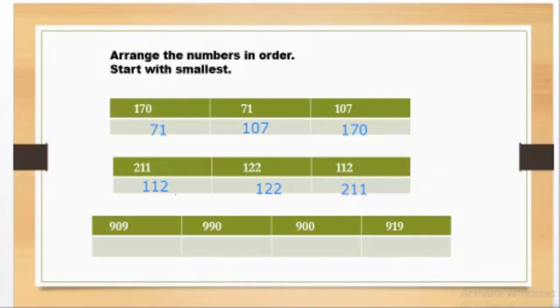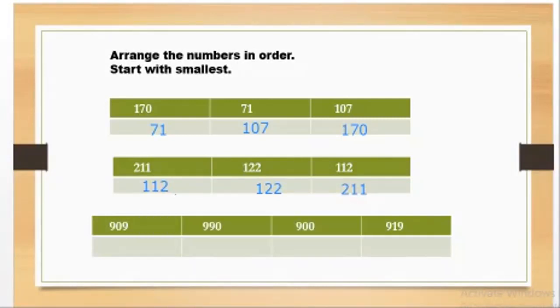Let's read the numbers. 909. We're not going to read it 99. It is wrong. We're going to read it 909, 990. Which is the smaller?